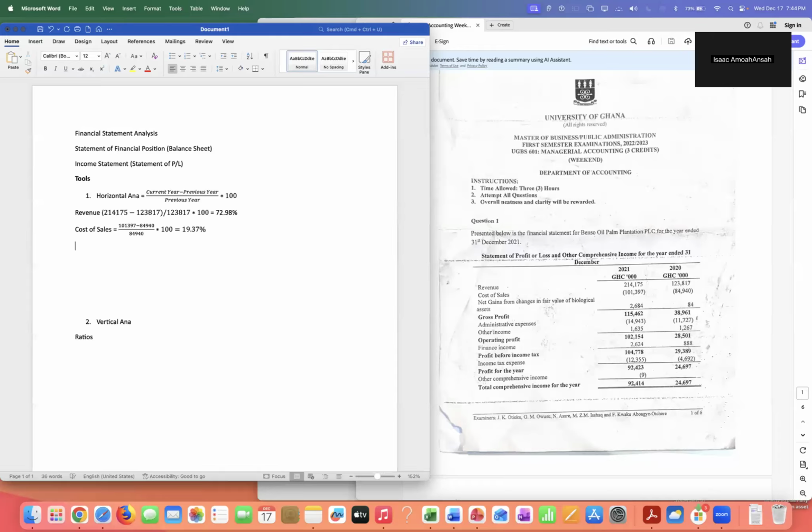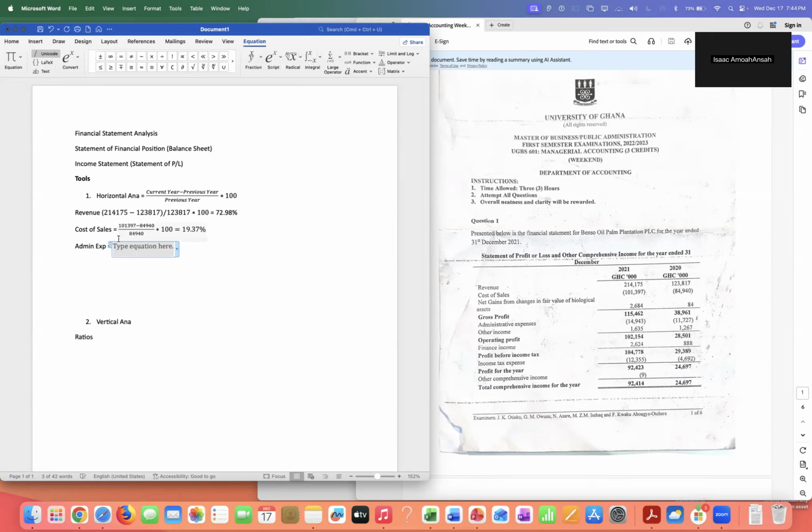We can make a case for profit for the year. There are other items that you can think of, but let's do admin expenses. So for admin expenses, what is the current year figure? The current year figure for administrative expenses.